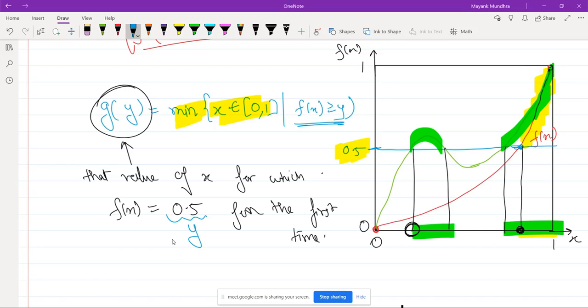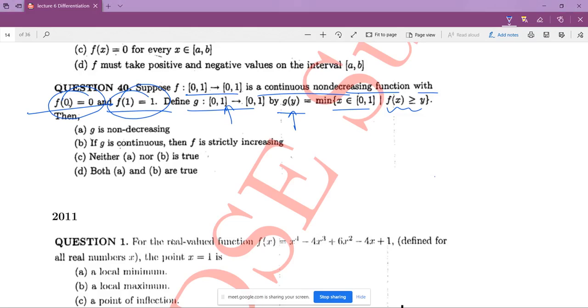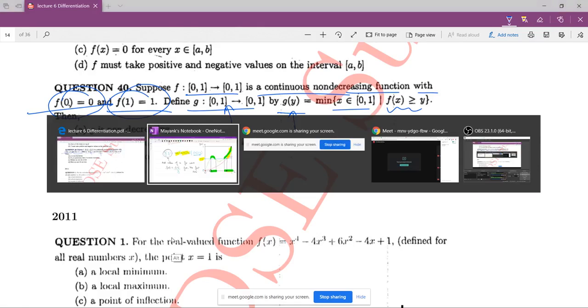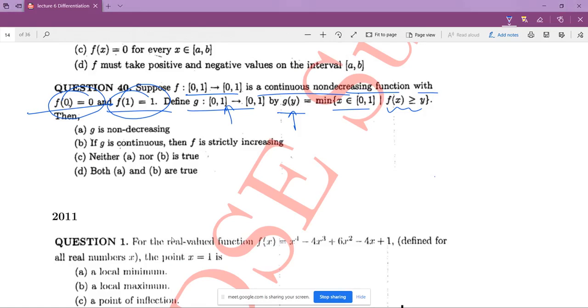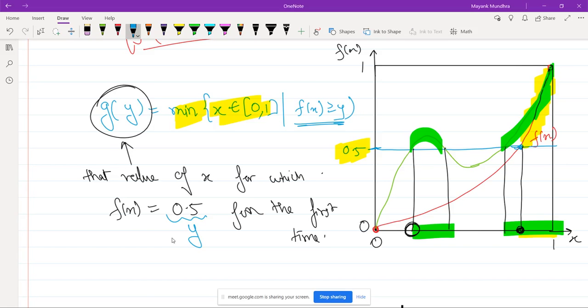All right, so what kind of a function will it be? If g is continuous, then f is strictly increasing and g is non-decreasing. So can g be decreasing? f is a continuous function, right?